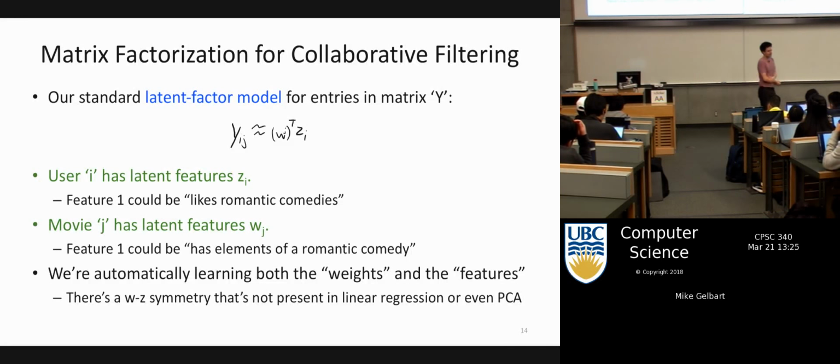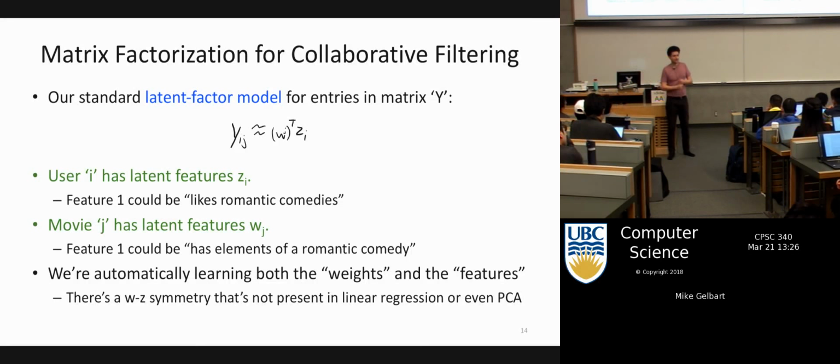The reason why this is very confusing, at least to me, is that with PCA, when we talked about it last week, we had a pretty strong asymmetry between our interpretation of Z and our interpretation of W. The math is all the same, but the way I think about it is pretty different. Because we said Z is the new feature vector for each example, and W are the basis vectors.